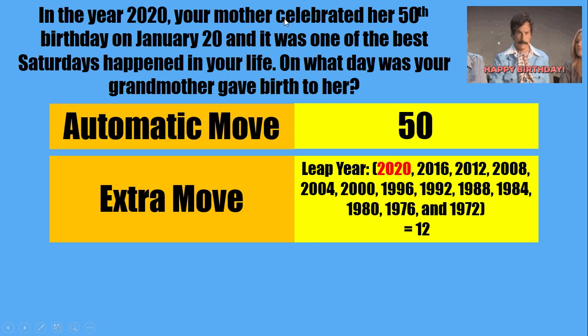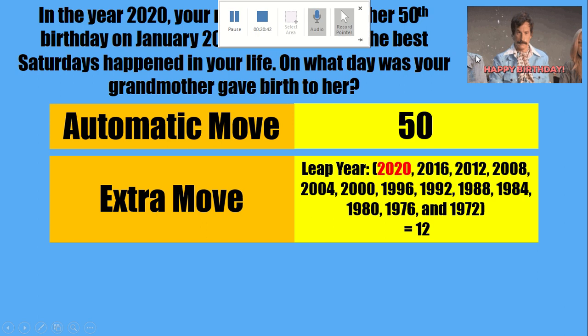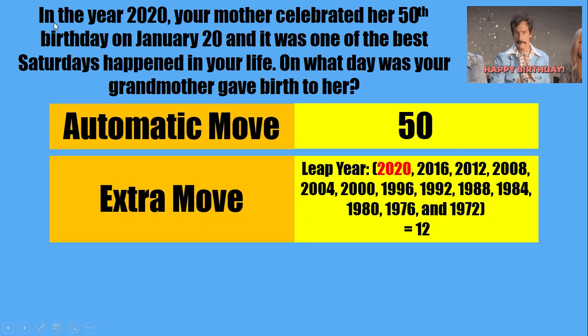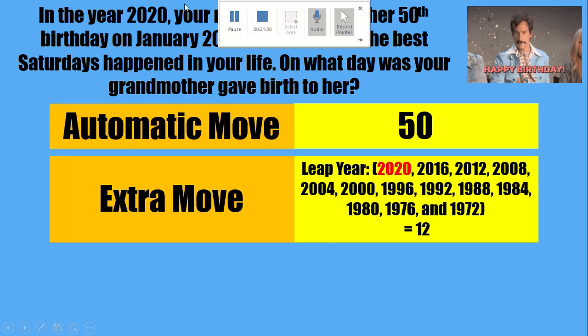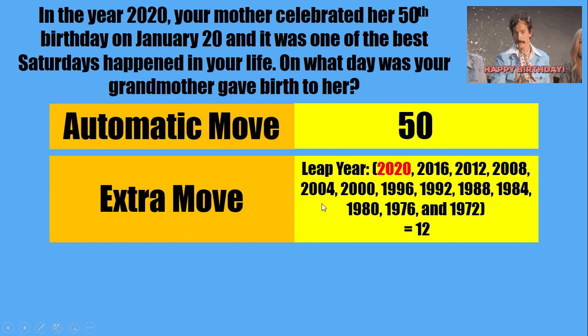Again, 2020 is excluded because this is our reference date. We know that January 2020 is Saturday. So all we need to consider is 2016 down to 1972, a total of 12.